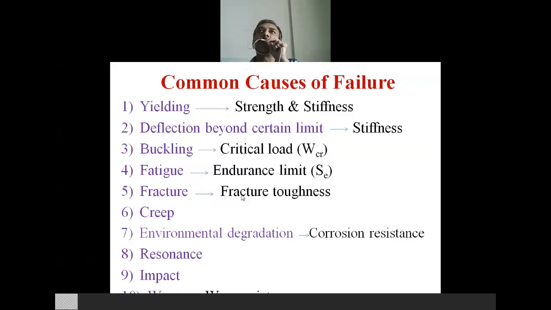Because of that, each and every body in the universe you find is in static equilibrium. Whatever planets you have, whatever satellites you launch in space, everyone maintains its static equilibrium position. Whatever irregular shape that body will have, that is because of D'Alembert's principle.